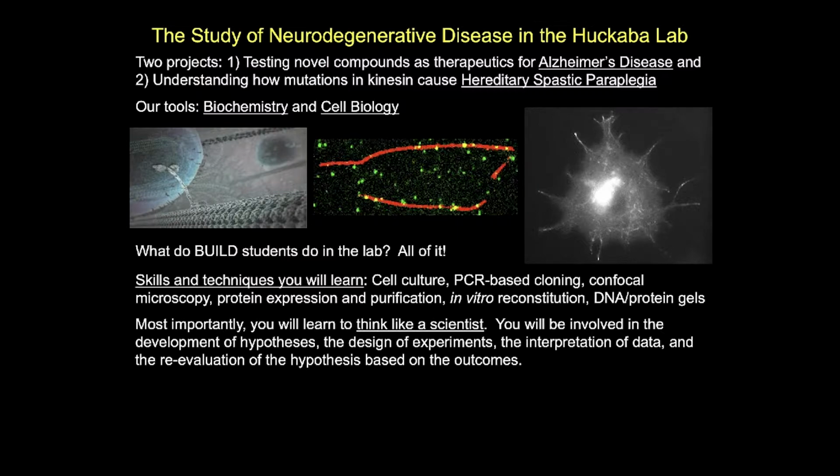What is it that you're testing? What's the hypothesis? How will the outcomes of this experiment? What if it turns out this way? What does that mean for our overall hypothesis? Because what you're learning to do in the laboratory is not just techniques, those are important, but ultimately learning to think like a scientist. And that's something that I think is a really critical skill set that you pick up.